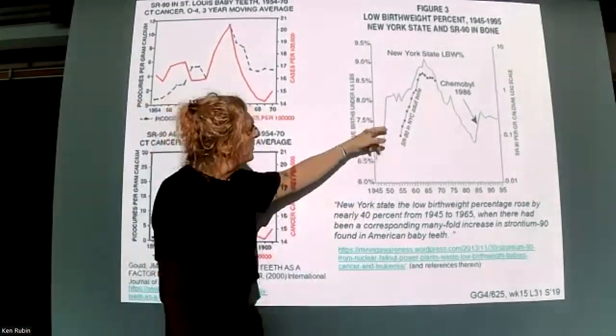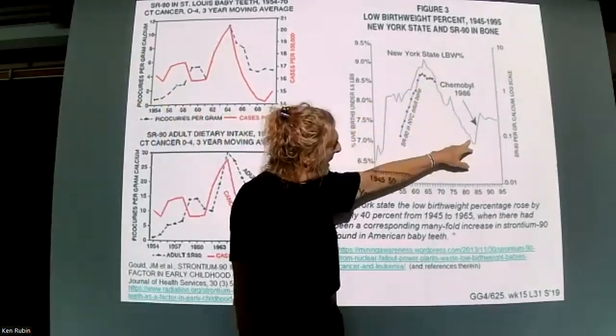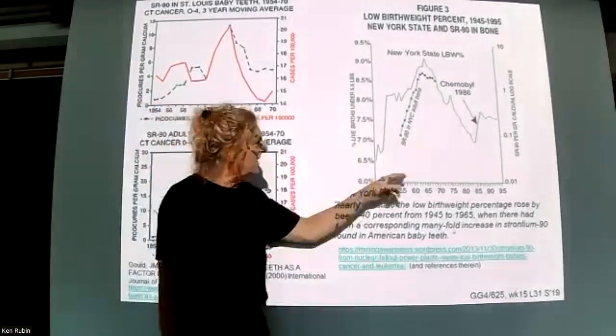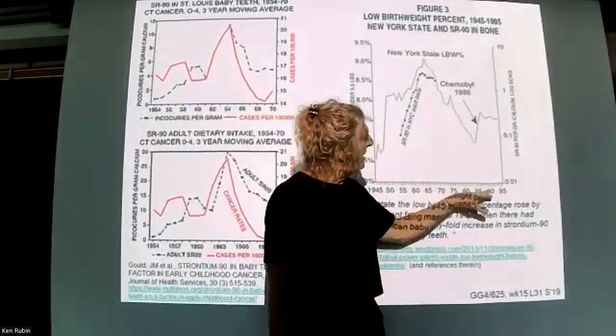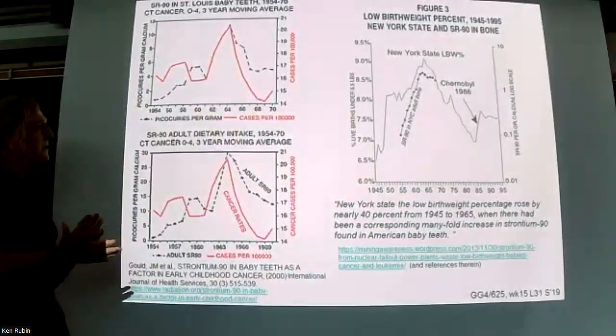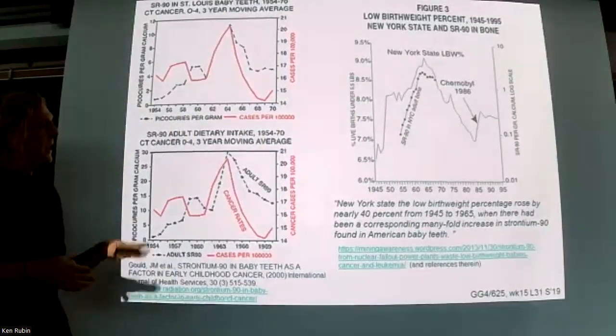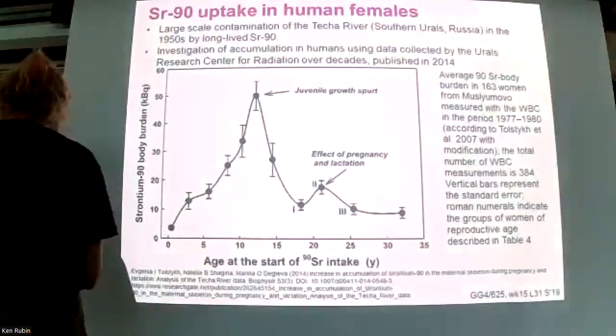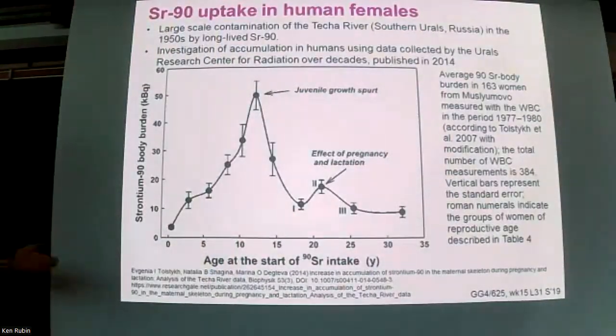And those low birth weights dropped again as the concentration in the atmosphere dropped from fallout. Interestingly enough, there was a later peak in the 80s that has been related to fallout from Chernobyl, half a world away. And there are other things that can happen as well, but cancer is obviously one of them, and low birth weight is another.